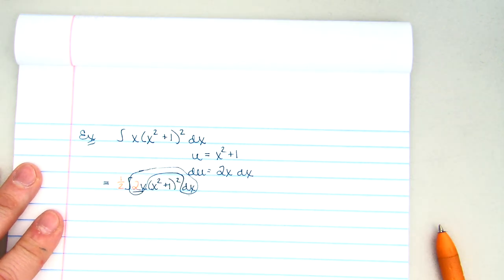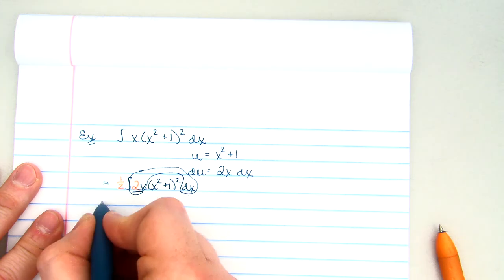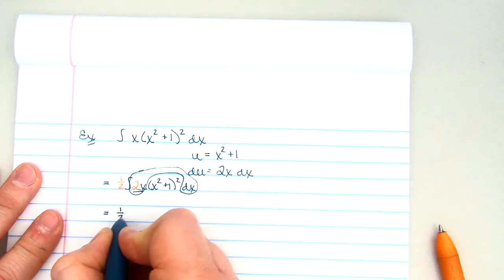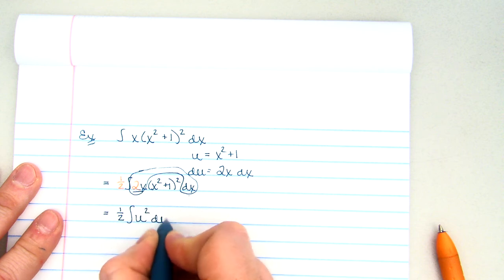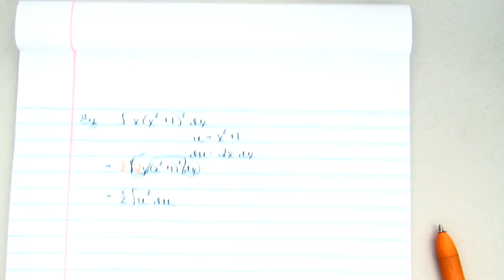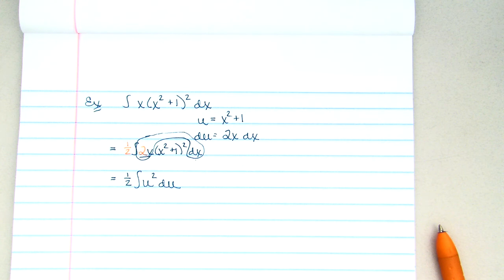I'm going to write down in words in a moment what I'm doing, but I was able to turn this problem into 1/2 times the integral of u squared du. I wasn't able to do that, though, until I multiplied inside my integral by 2, but then immediately canceled it out by multiplying outside by 1/2. Finish.